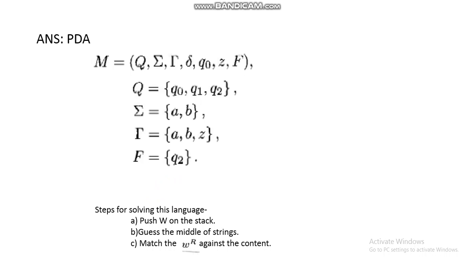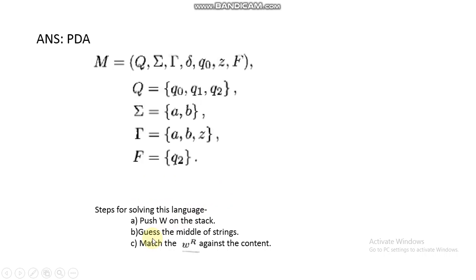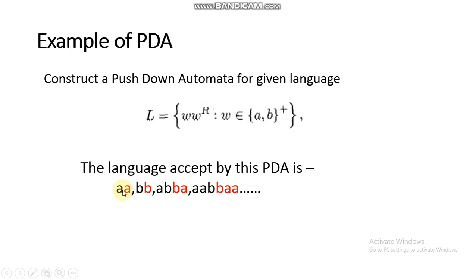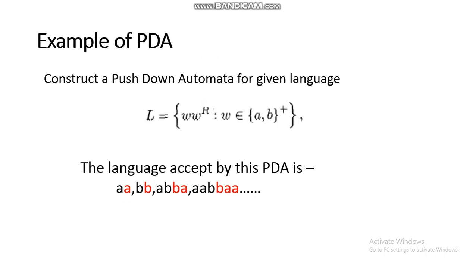First step is to push W onto the stack, like push every W part into the stack. Second is to guess the middle of the string, meaning where the reverse of the string starts, we have to guess that. The third one is to match W reverse against the content, meaning the string which we pushed into the stack.